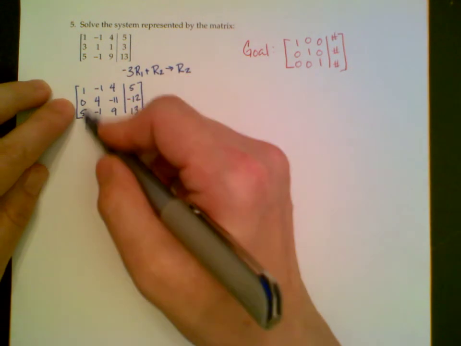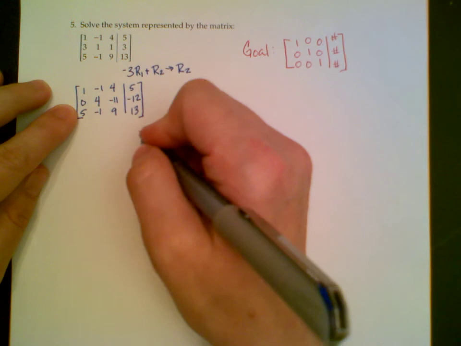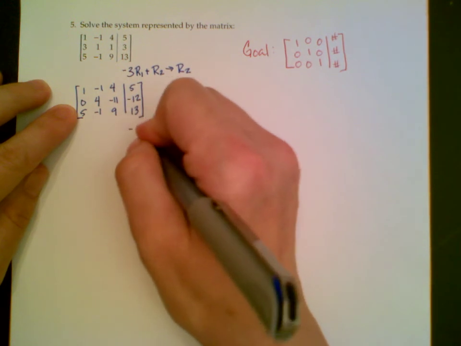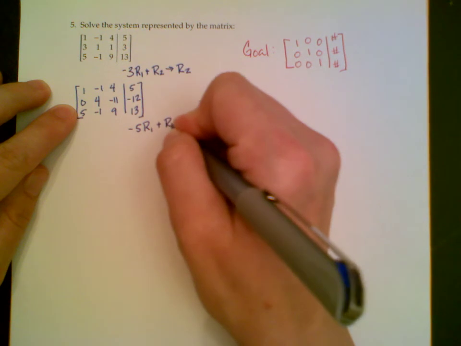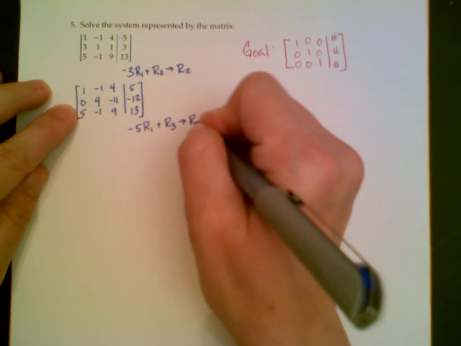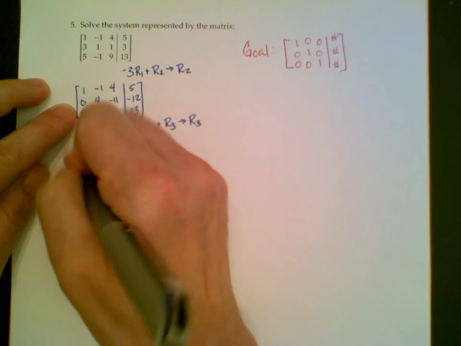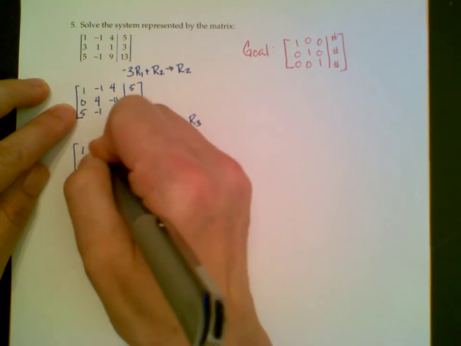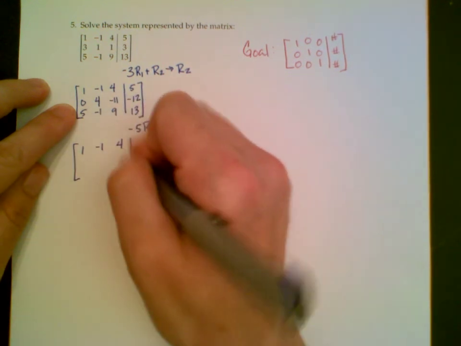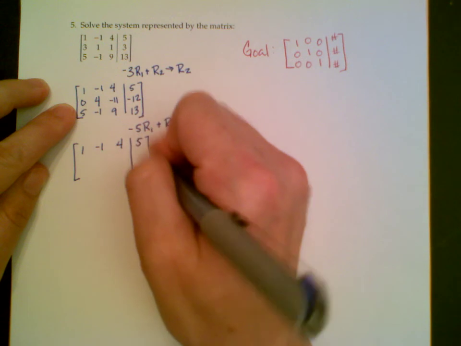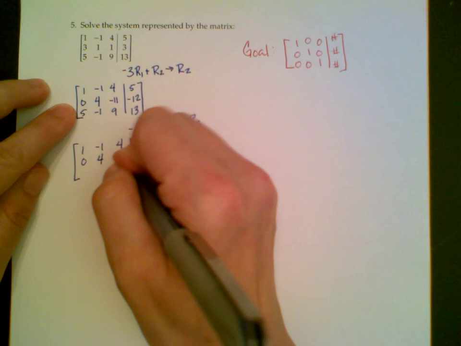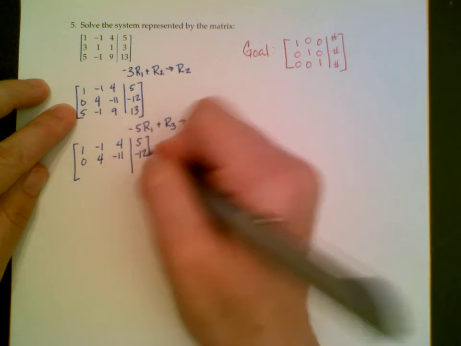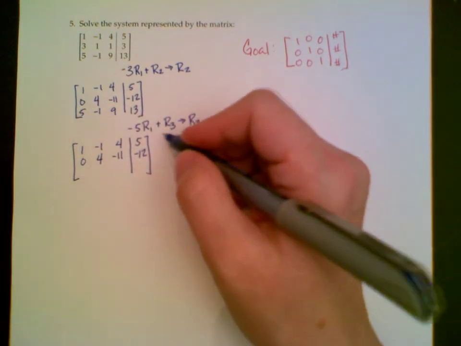Now let's get that 5 to be a 0. We'll use -5 times row 1 plus row 3. Store that in row 3. And 1, -1, 4, 5. Just recopying the first 2 rows since they're not changing here. Okay. Now we're actually going to do this row operation.